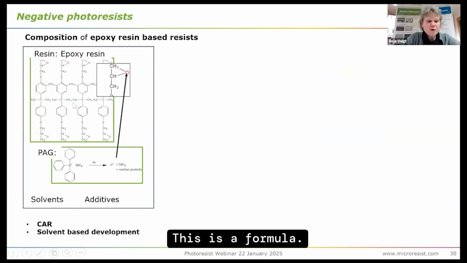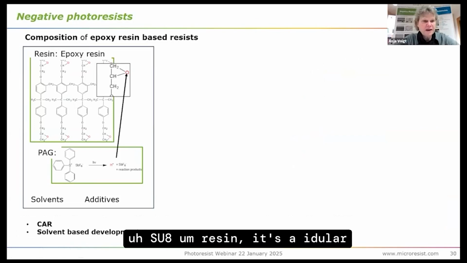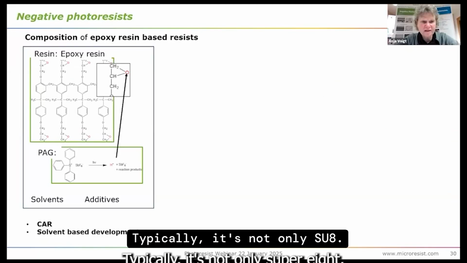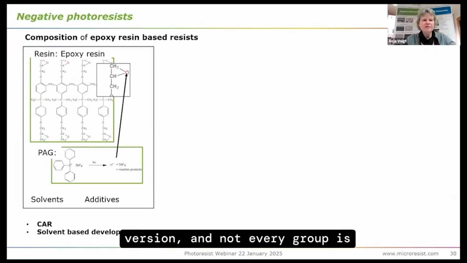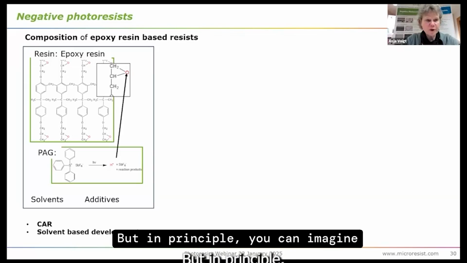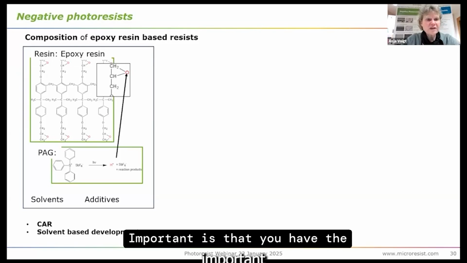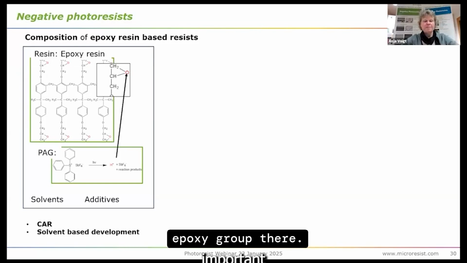This is the schematic formula of SU8 resin, an ideal formula. Typically, it's not only SU8, there are shorter and longer versions, and not every group is epoxylated. But in principle, you can imagine it looks like that. Important is that you have the epoxy group there.